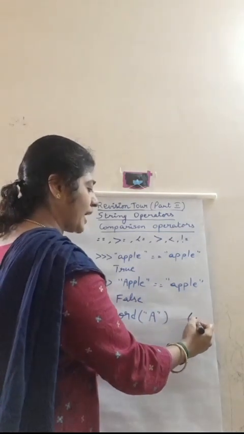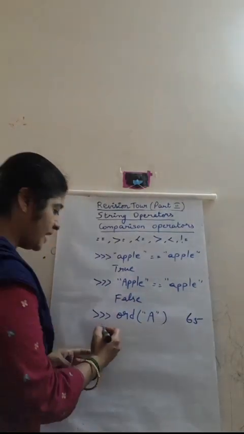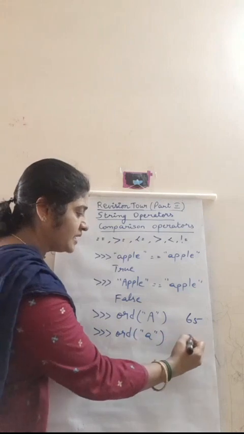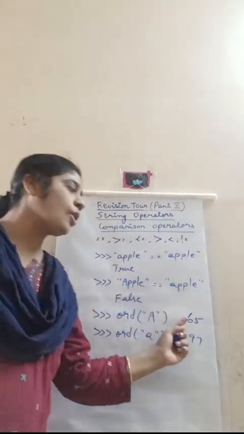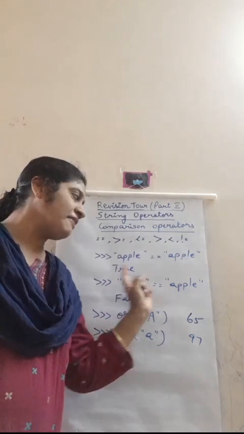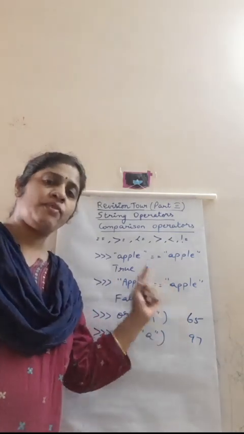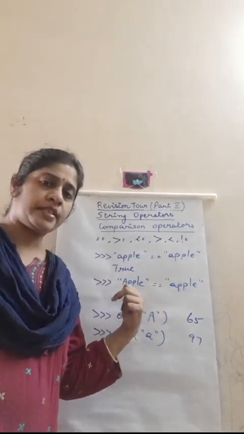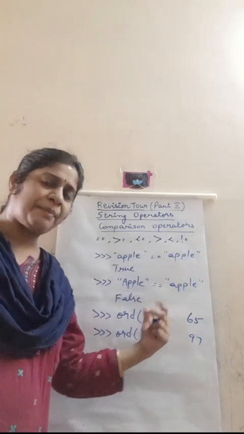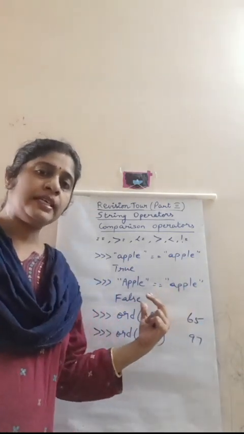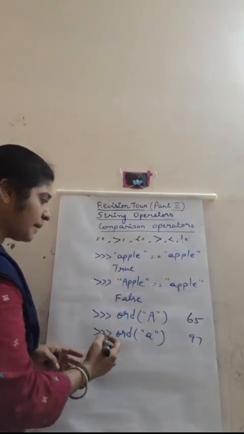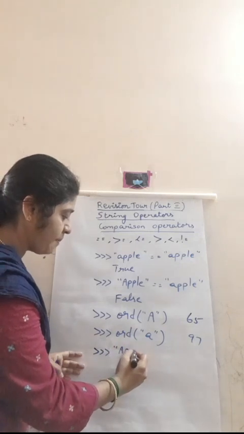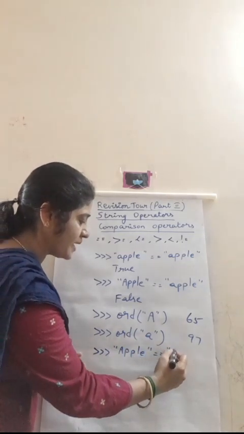The unicode of capital A is 65, and if you see ord small a, it would give 97. So the unicodes of capital A, 65, and small a, 97, would be compared, and as they are not equal, the answer would be false. So you can use the function ord to see the unicodes of the characters. Now suppose I write something like this, apple is equal to banana.